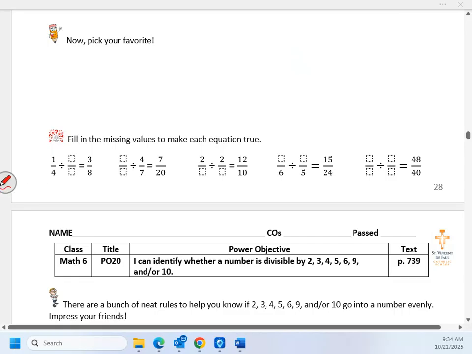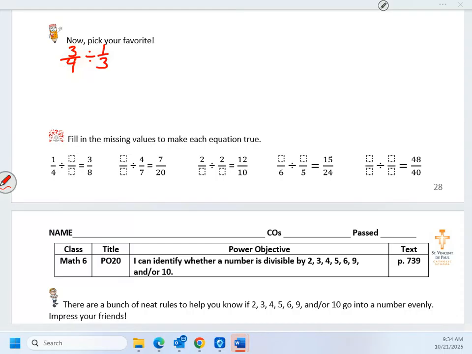Our first set is 3/4 divided by 1/3. You choose which way you're going to work that out. Our next one is 4/5 divided by 3/4. Then we have 5/6 divided by 3 1/3.